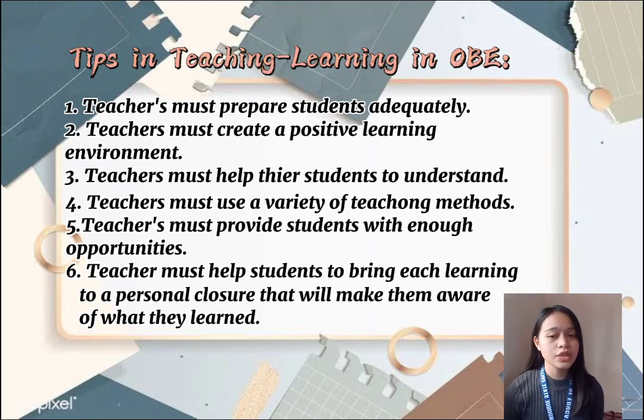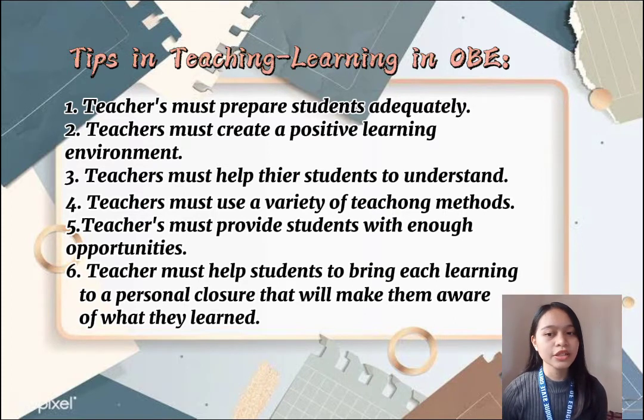Also, to consider are the contents, the characteristics of the students, the resources available, and the teaching skill of the teacher. Even if OBE is learner-centered, sometimes more direct, time-tested methods of teaching will be appropriate.